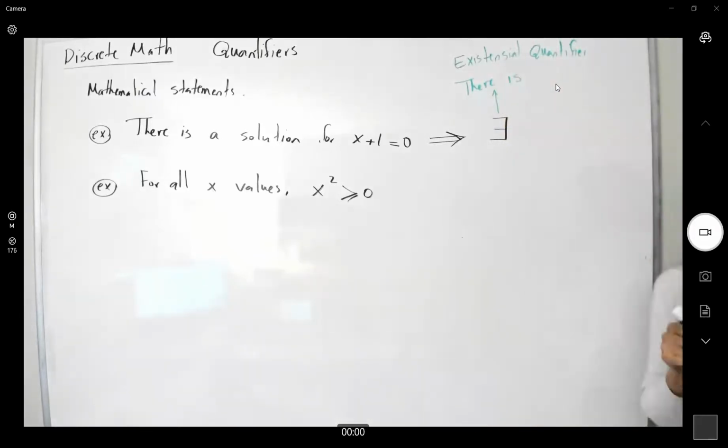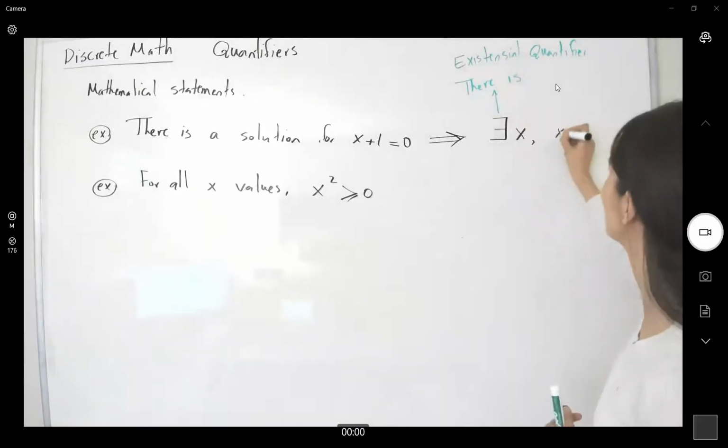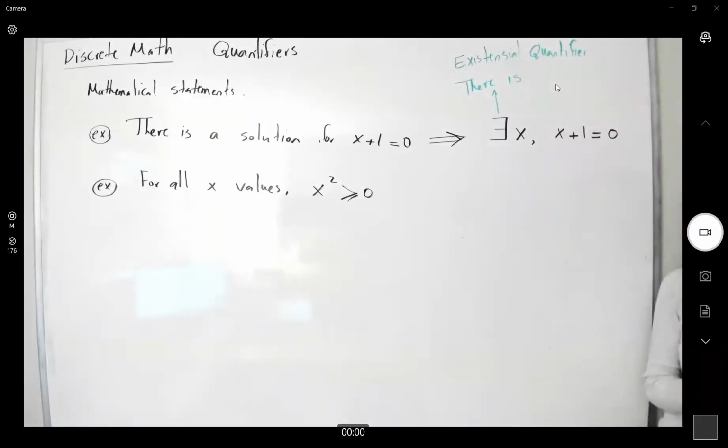There is one x value such that x plus 1 is equal to 0.